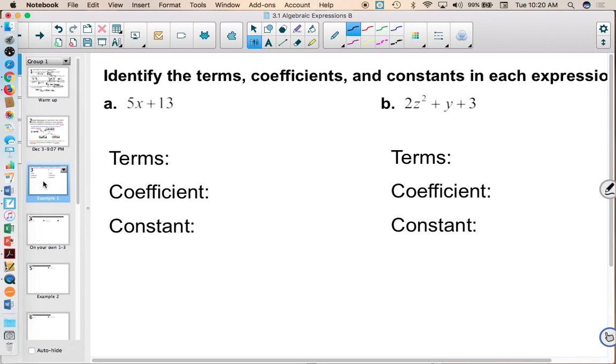We're going to look here. Now we've got the definitions. We want to identify the terms, the coefficients, and the constants of the expression. Remember, what is an expression? How do you know these are expressions? Somebody tell me that. How do you know, Emmy, that 5x plus 13 is an expression?